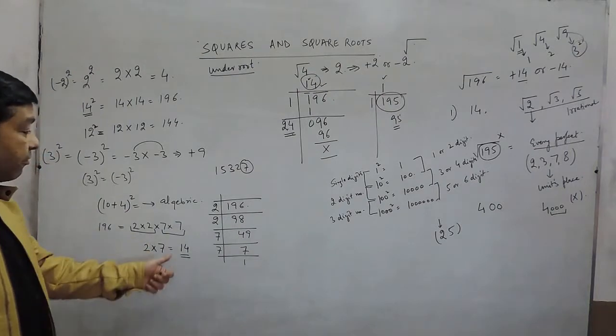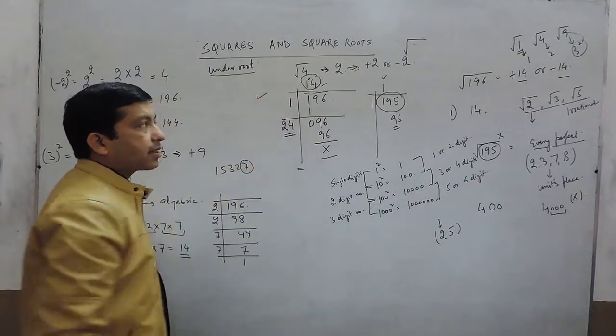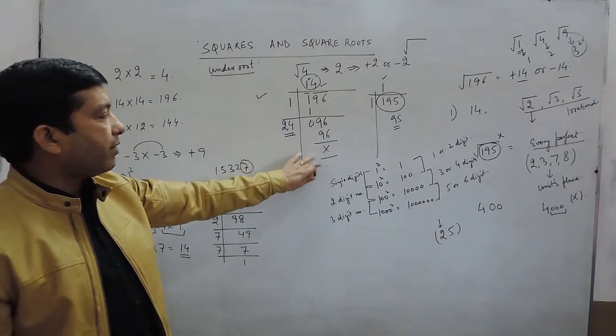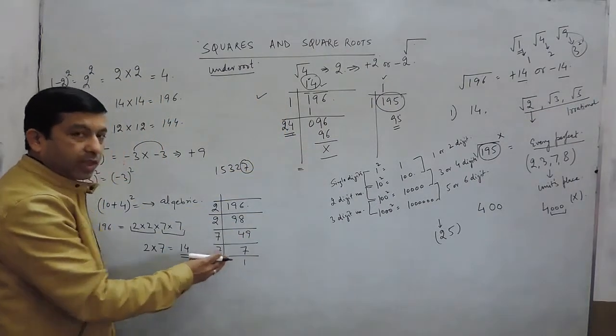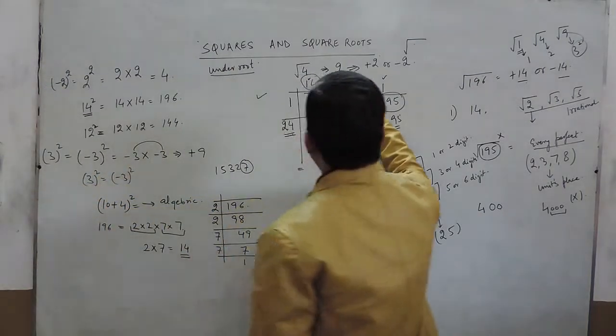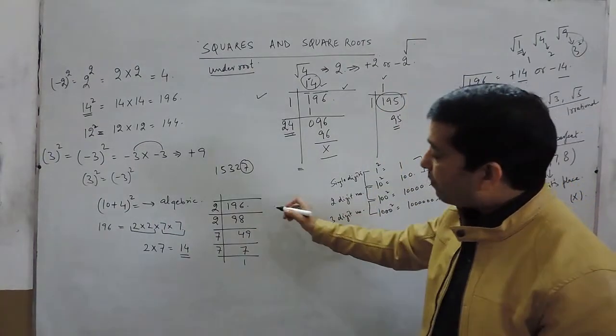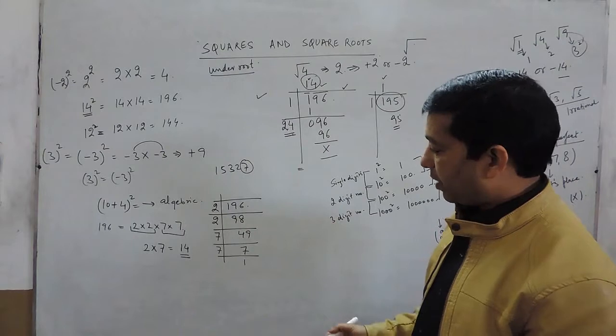So a number can be solved in two different ways. One is the long division method, and one is the prime factorization method. But we generally prefer the long division method to solve questions of square roots, and the factorization method is not much applicable.